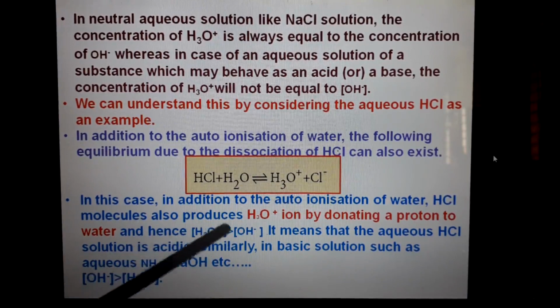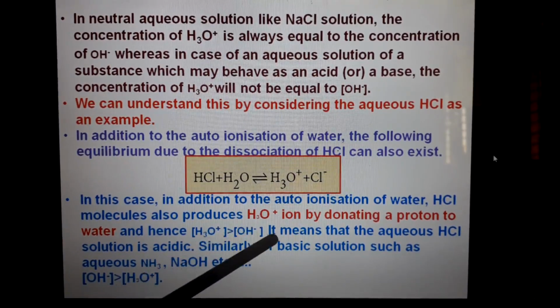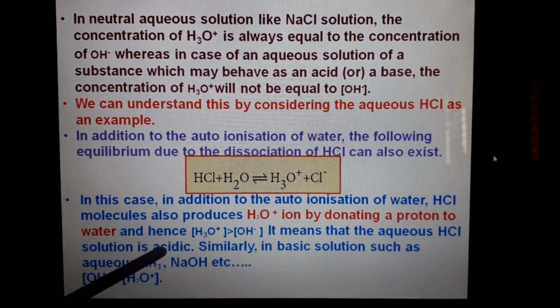This is a very important point. In an acid like hydrochloric acid, H3O plus is always greater than OH minus ion. It means the aqueous HCl solution is acidic. We know HCl is a strong acid. In a basic solution, such as ammonia, the OH minus concentration is greater than the H3O plus ion.